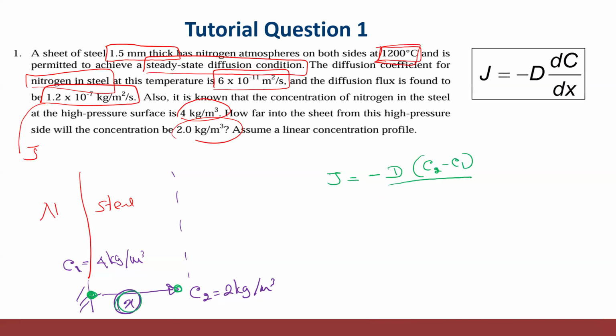That distance we took as X. So in this equation, you know everything except X, so you can make X the subject and find it. So how many meters? We don't have to do any unit conversions, isn't it? Because all are in SI units. So you just need to plug in the numbers and you will be able to find the X. Can I give you a few minutes to find the X?